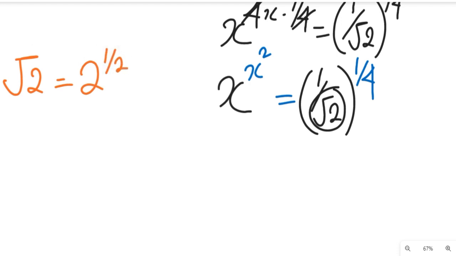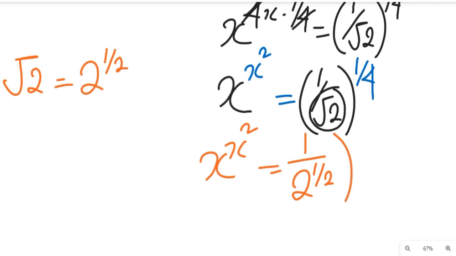So what would that give us? This will give us x to the power of x squared equal to 1 divided by 2 to the power of 1 divided by 2 all to the power of 1 over 4.